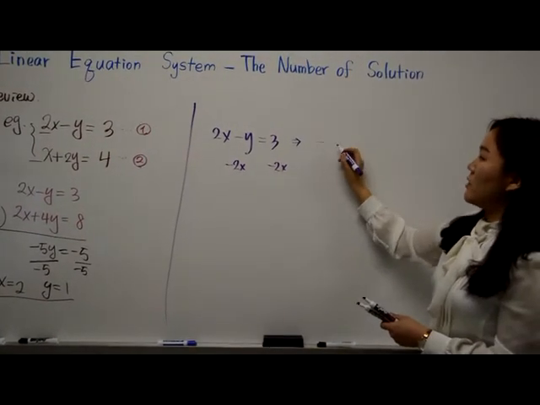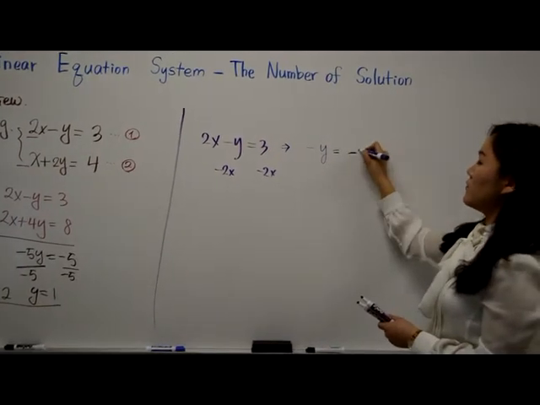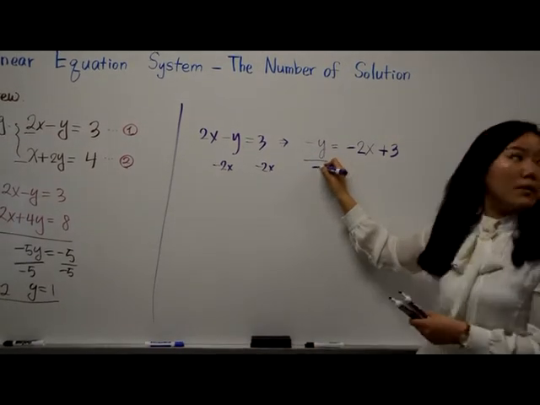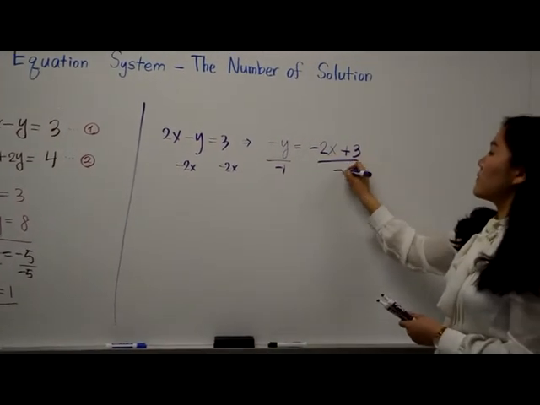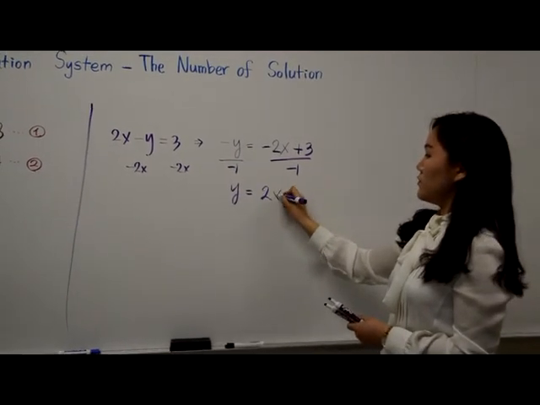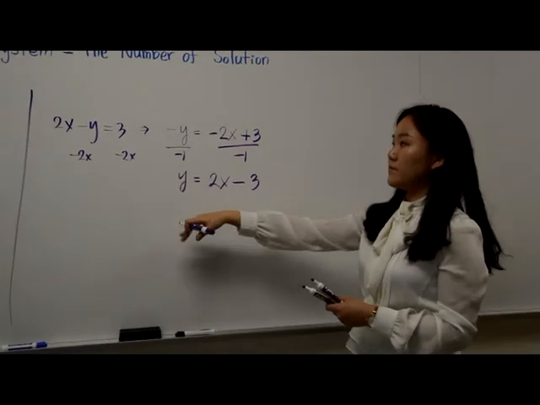Then I have negative y equals negative 2x plus 3. And then divide by negative 1. And then I have y equals positive 2x minus 3. That's the slope-intercept form, right?